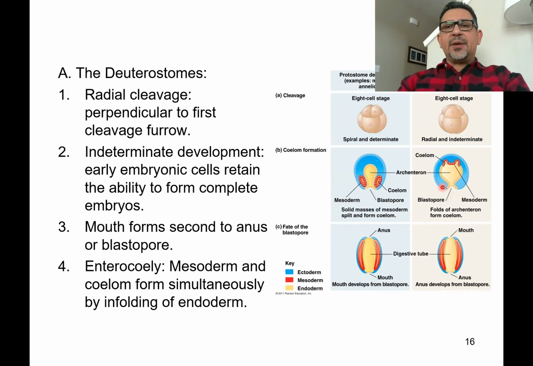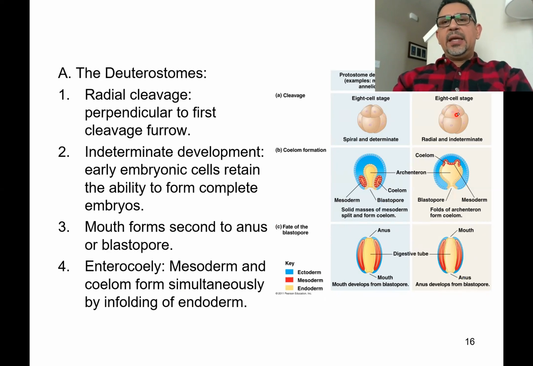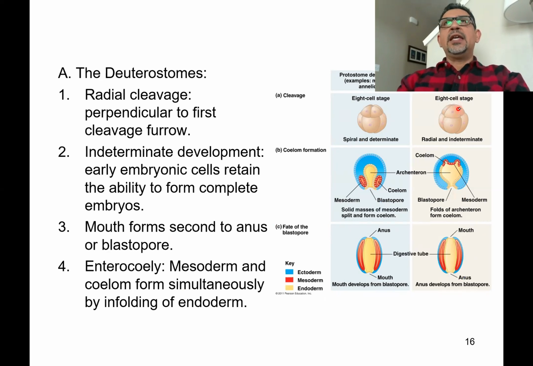Other characteristics we can recognize of this deuterostome development is that cleavage is going to be radial. Radial cleavage means that every time cells are dividing during the cleavage stage of development, the planes of cleavage are always going to be either parallel to the previous plane of division or perpendicular, meaning that it's going to be at a 90-degree angle.